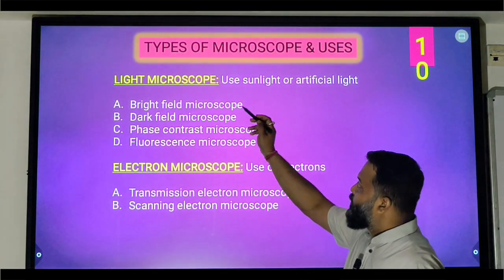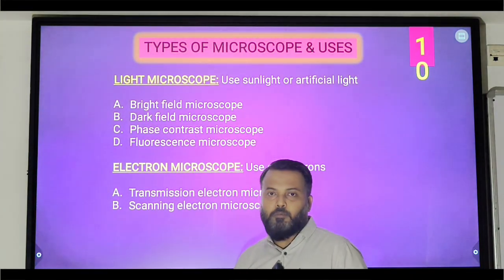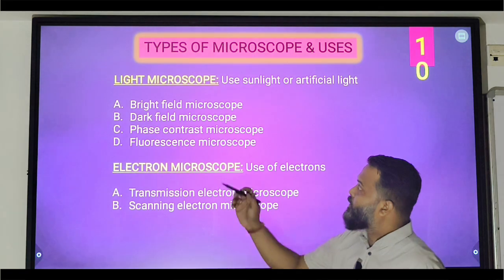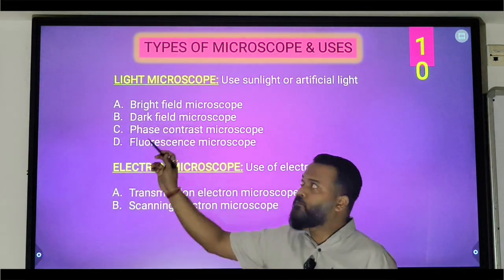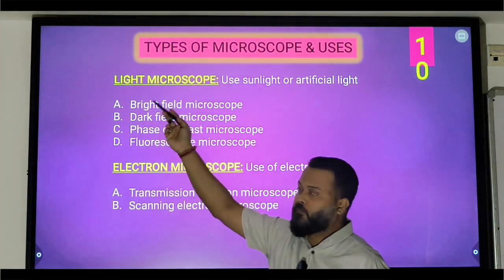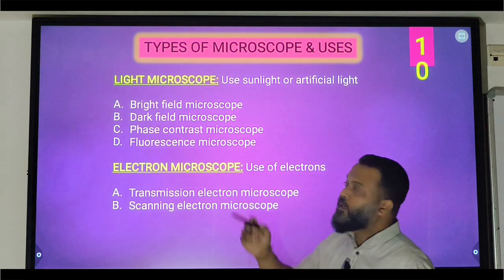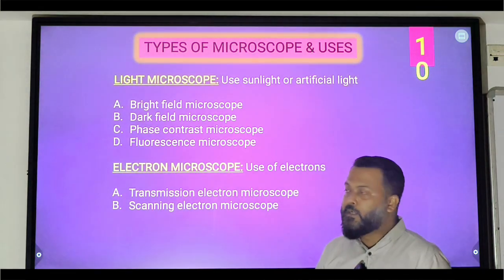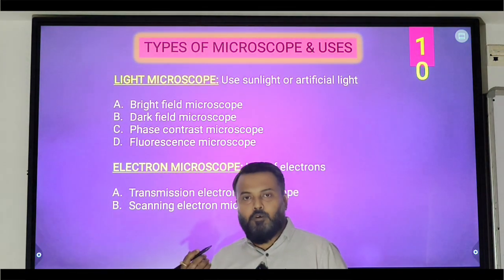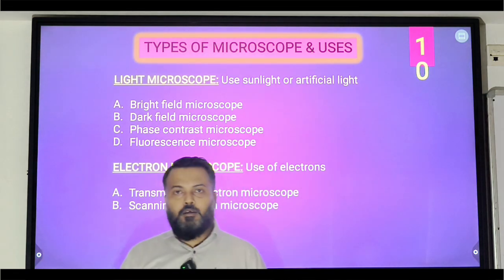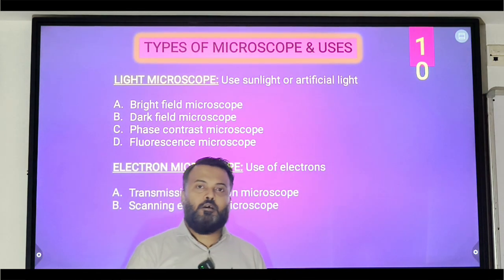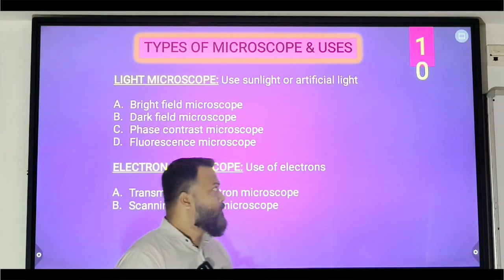So this light microscope, why does this term light come? Actually, in this kind of microscope, light is generally used. This light can be sunlight, or it can even be artificial light.